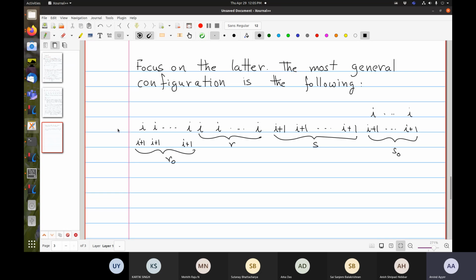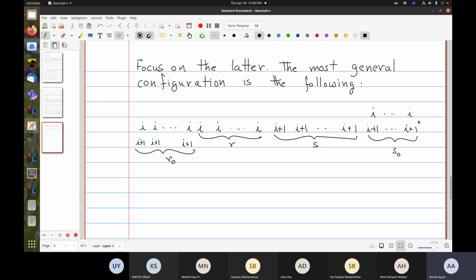You might think that you have an I here and something else here, but that's not possible because whatever is here has to be strictly greater than I, and if it's not I plus 1, that fails the weakly increasing condition. Similarly, for the same reason, you cannot have an I plus 1 here because whatever is here is strictly less than I plus 1, and if it's not I, that fails. So this is the most general.